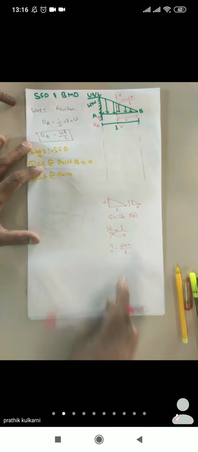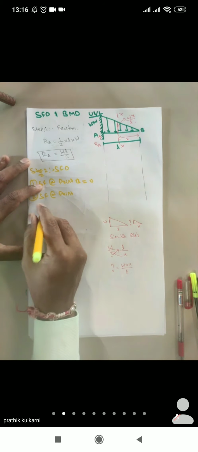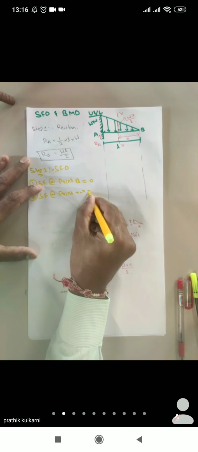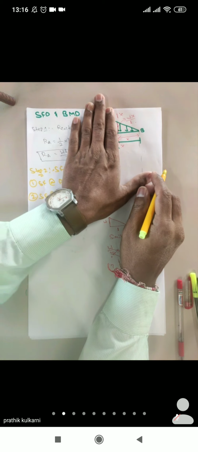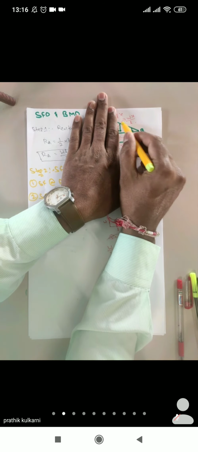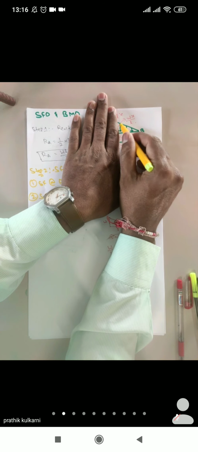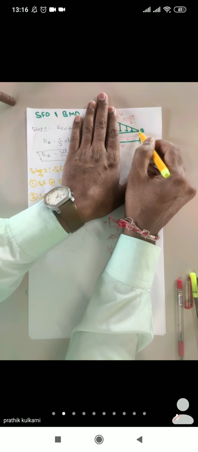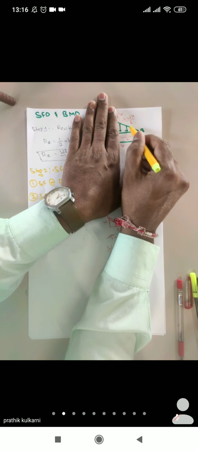Now you got it? Now we will find the shear force at section XX. Keep your hand there. What is the loading you can see? Here also we have a UVL only, the loading is slowly increasing, which is a uniformly varying load.